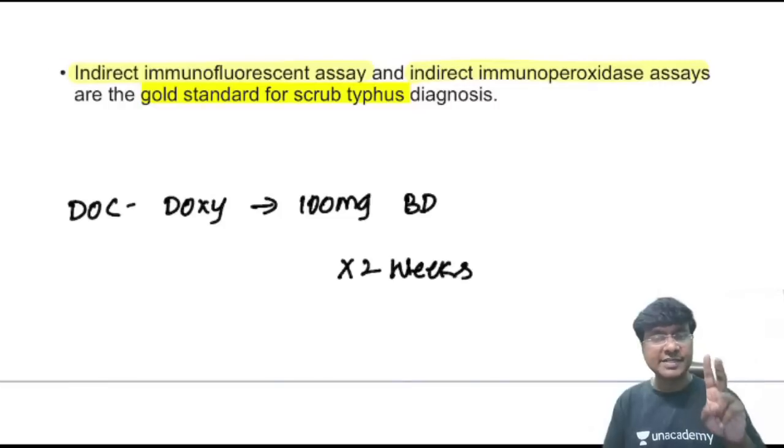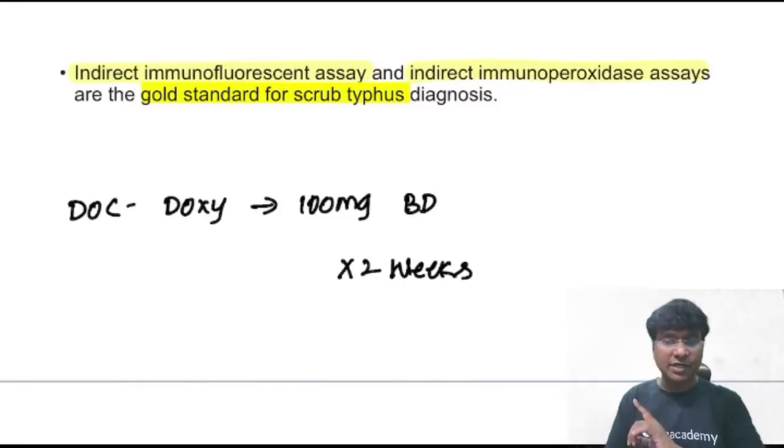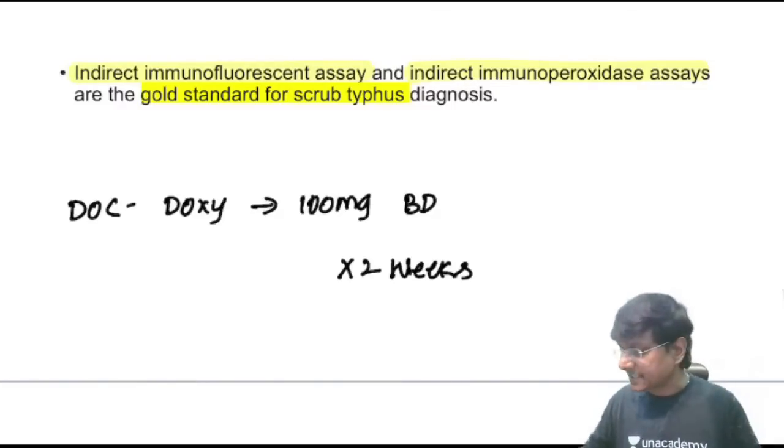Complications include pneumonitis, encephalitis and myocarditis. The gold standard investigation is indirect immunofluorescent assay and indirect immunoperoxidase assay. And the drug of choice will be doxycycline or minocycline. So that is about your points related to scrub typhus.